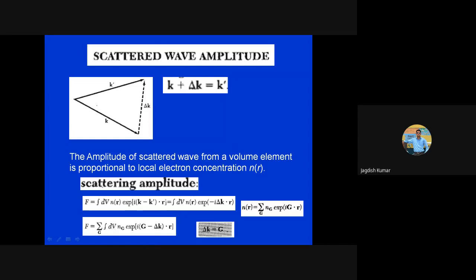But if you have a periodicity which is so small, suppose the volume element is of size 10A, where A is the length of the unit cell, it means that in one dV volume, which is 10A bigger, you will have 10 sinusoidal waves.